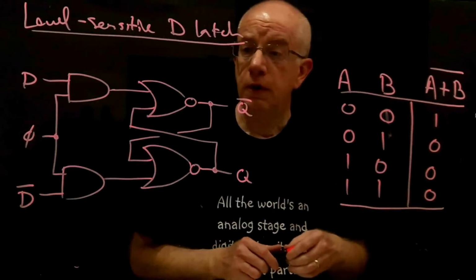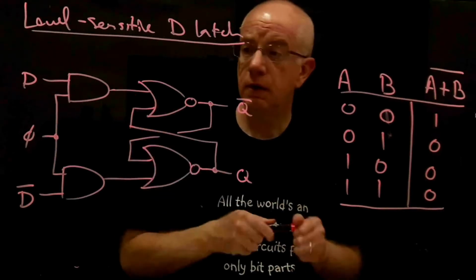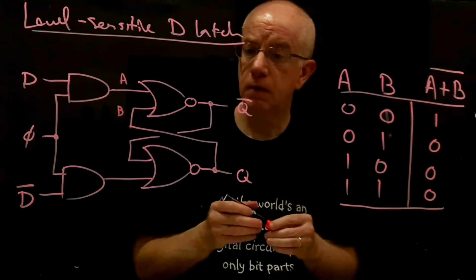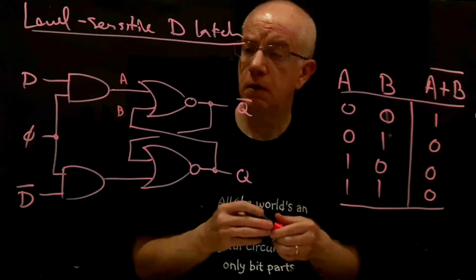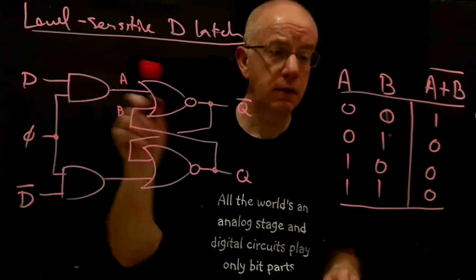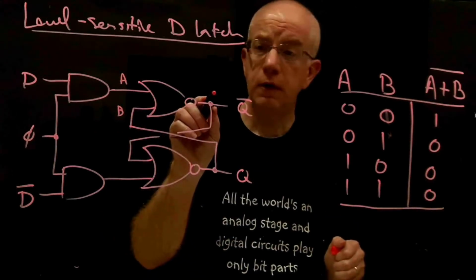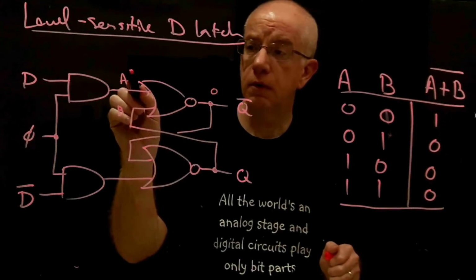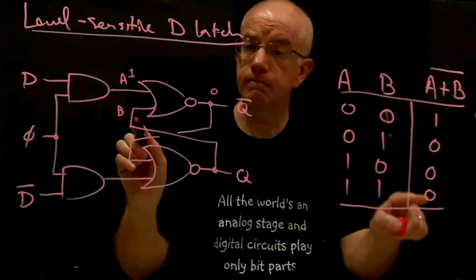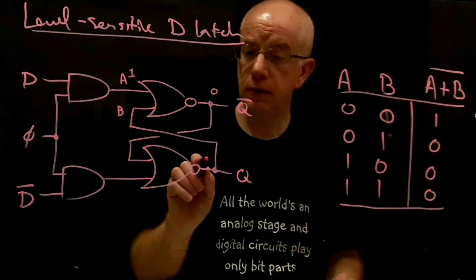And so if, let's say this is the A and this is B, right, so when A is high, then the output here goes low regardless of the value of B. And so that's the behavior we want, because Q would be then 1.